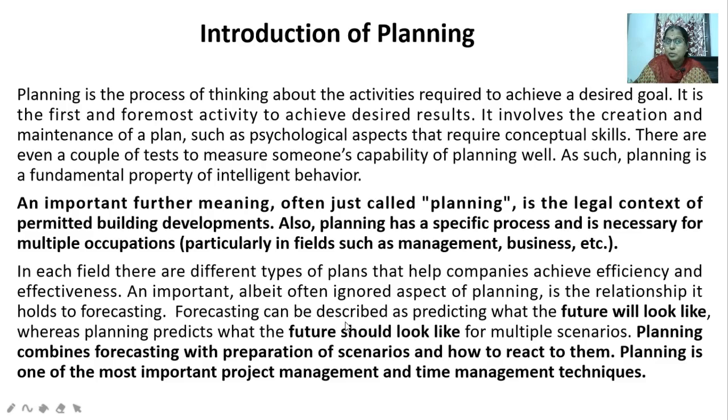And if you don't know how it's going, then you can always substitute it with plan C. So when I say this, what exactly I mean is, you must have the different steps that will help you, all precautionary steps you must take to reach your goal. Hence, for multiple scenarios, you have to make the plan. Hence, we can say planning always predicts how or what the future should look like.